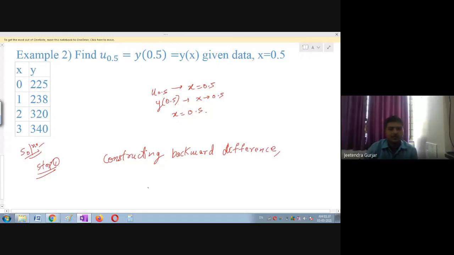Yes, students, please see. We are going to solve this by backward difference. Please tell me why it is backward difference.